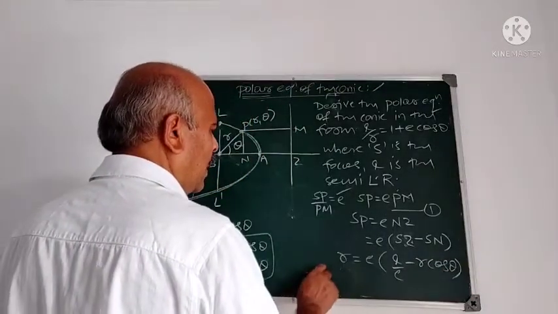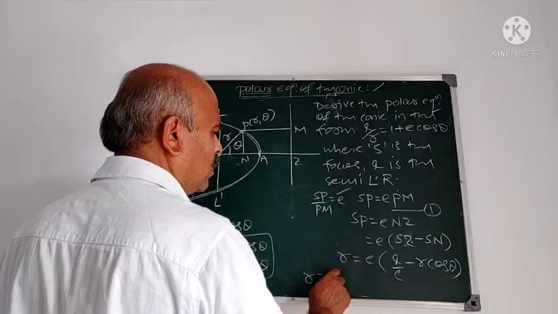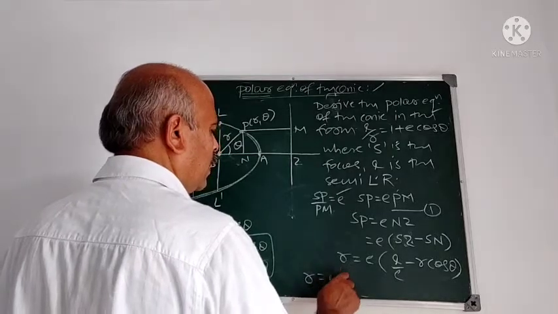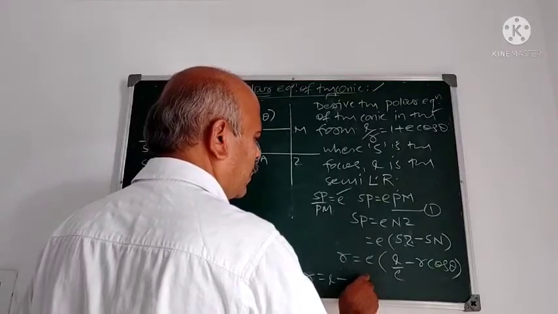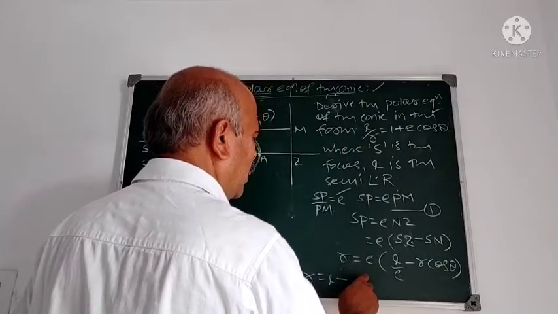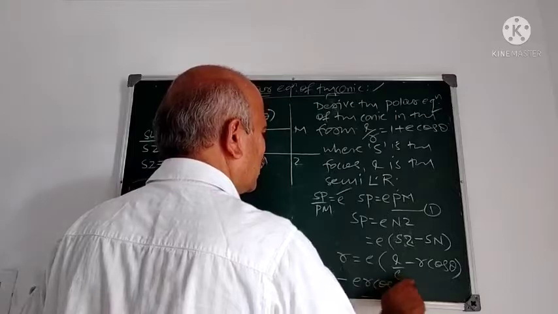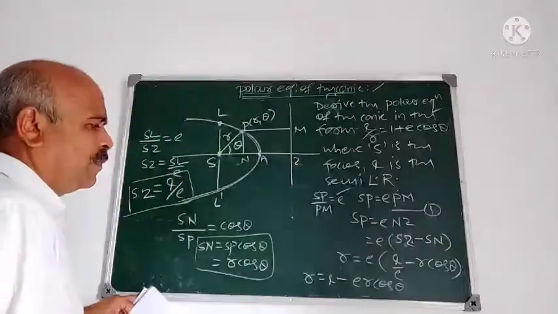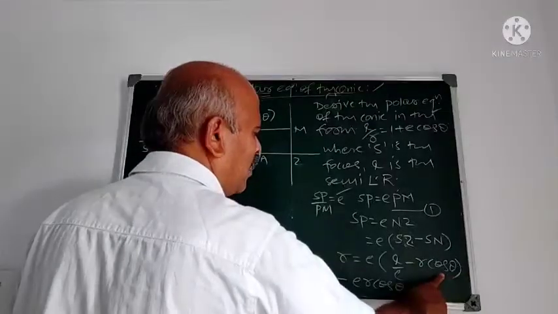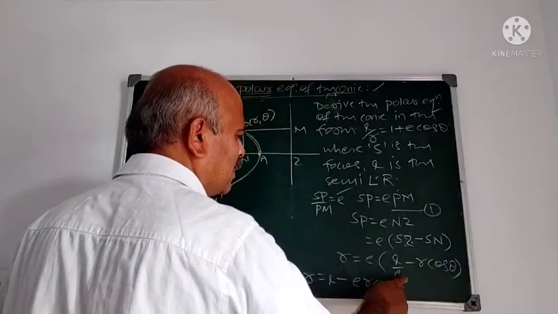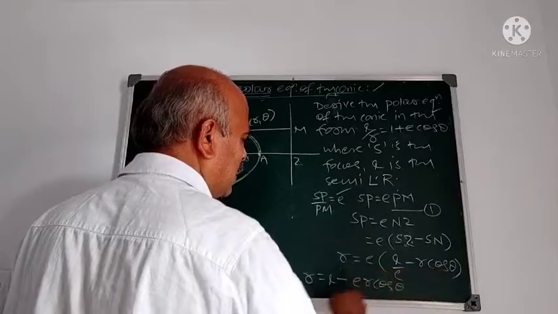Therefore, R is equal to L minus E into R cos theta. Am I correct here? Yes. Take LCM first, L minus ER cos theta. Then cancel this. Correct?